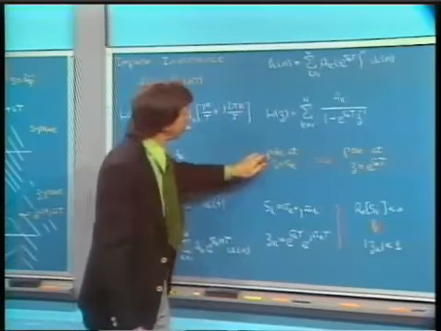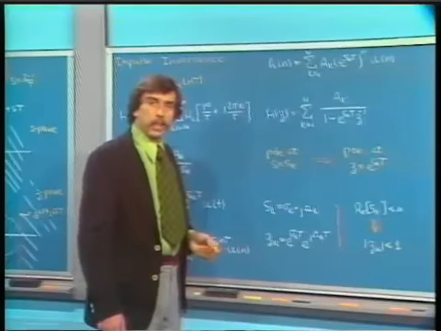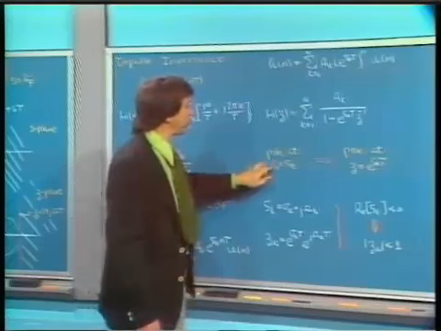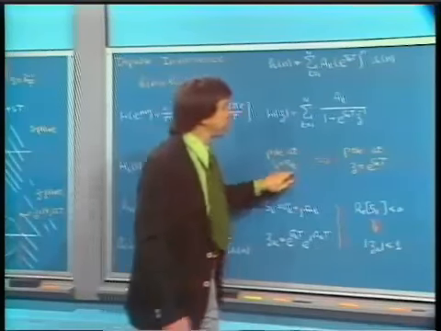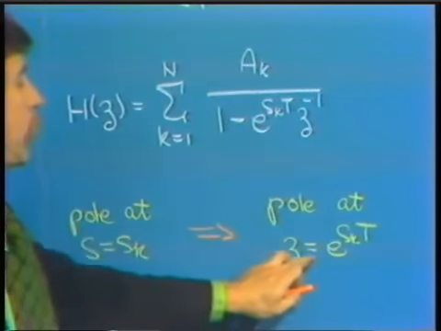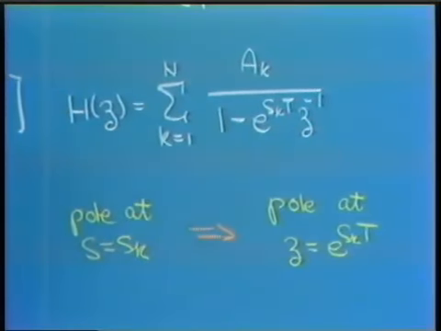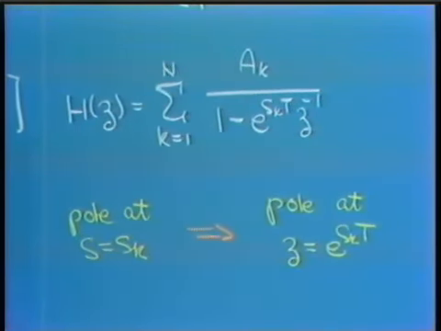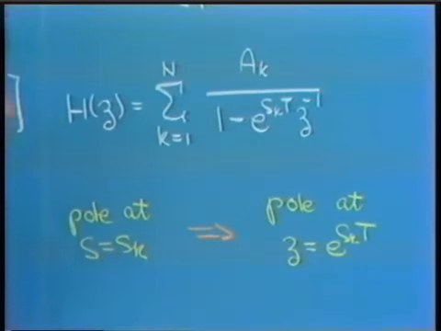So this says that the impulse invariant method maps a pole in the s-plane, which was at s sub k, to a pole in the z-plane at z equal to e to the s sub k capital T. Does that mean that impulse invariance is basically a method which maps s to z according to this transformation?